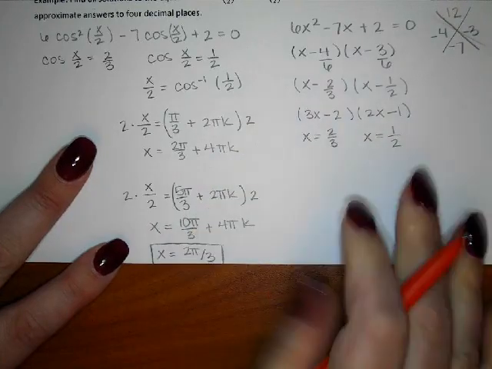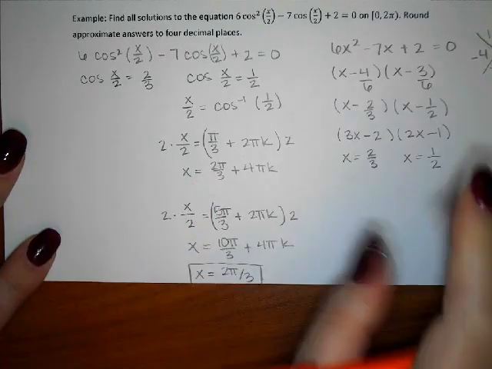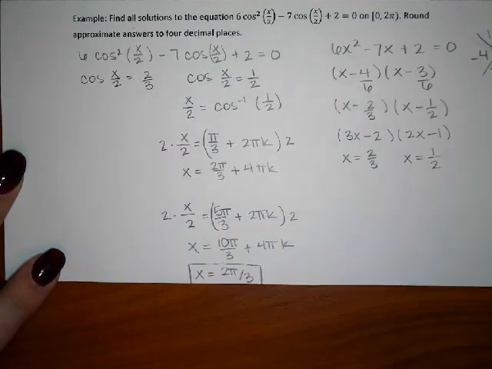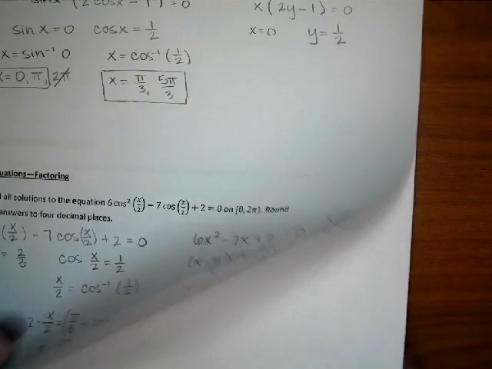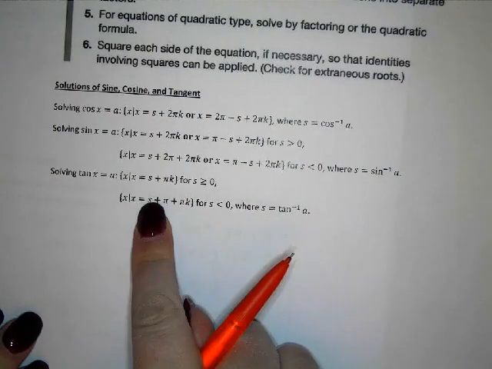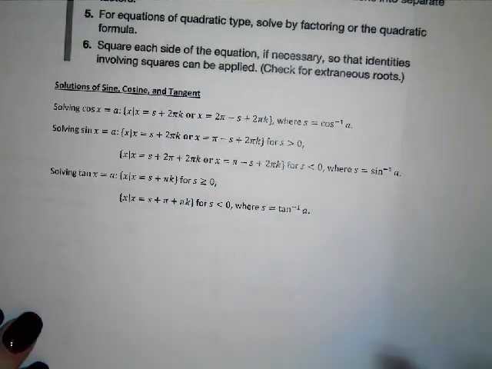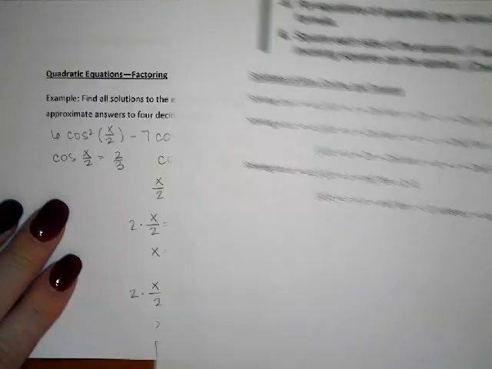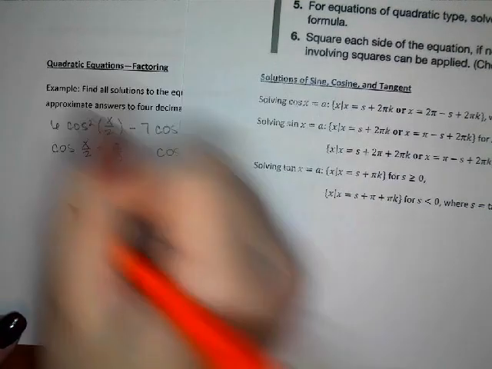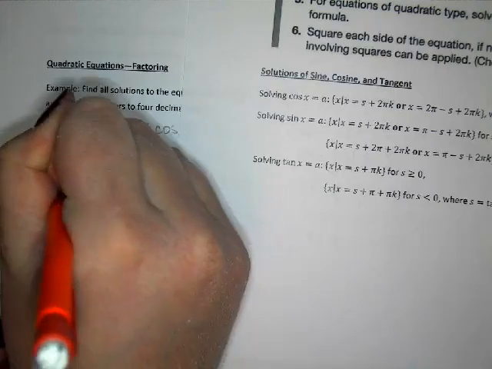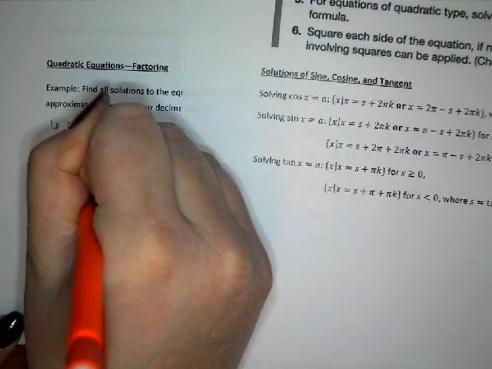And then I'm going to have to do the same thing over here, but here I'm going to get decimal answers. What I did is I took these little shortcuts from the notes that we did before, 6.6 part 1, so that you could have them again. So this is going to help me with my decimal answers. I'm going to say that x over 2 equals cos inverse of 2/3.